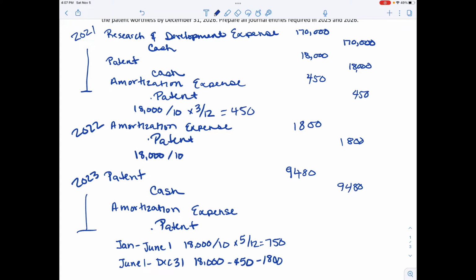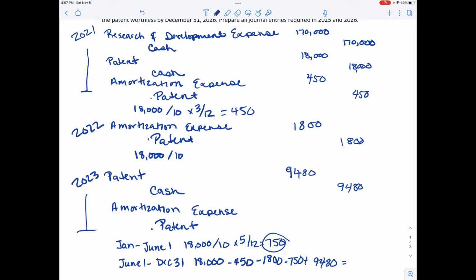And then first, don't forget this part. Subtract out that 750 that we're going to include, but we want to get to the carrying value of this patent. So subtract out that 750 and then add in the new costs that we added.